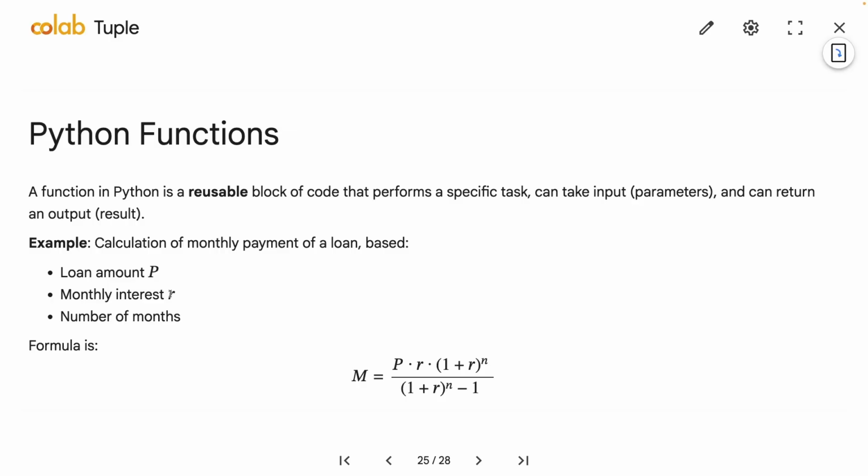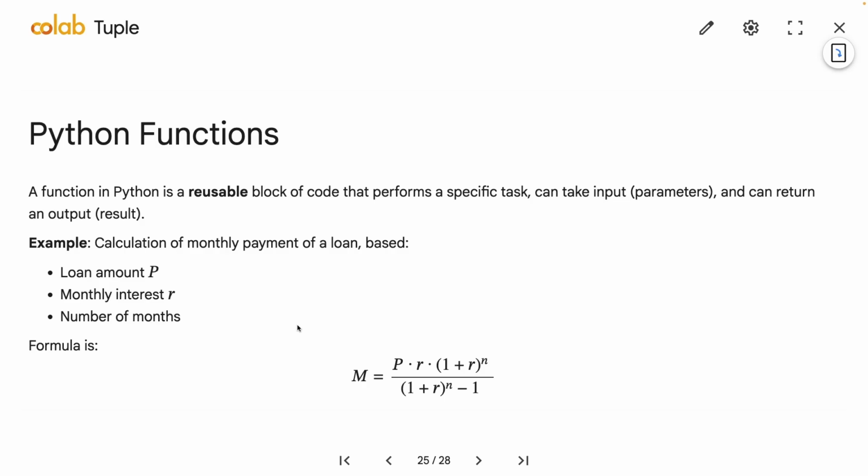And then the number of months, which is the duration of the loan. How soon you need to pay up your loan, right? And the formula, I guess from finance, is very simple. I won't dive into the details, so I just provide the formula here. Okay.